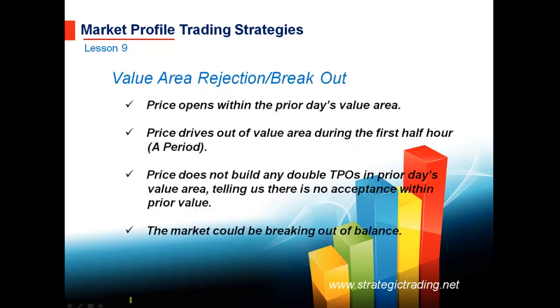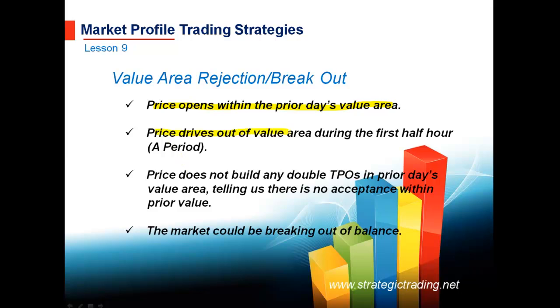Now, let's take a look at the other scenario. What if, in fact, I open within the value area, but there's no acceptance? I get rejection. The market doesn't like this value area anymore. Price will open within the prior day's value area, just as it did when we had the acceptance. But here's what we begin to see happening.